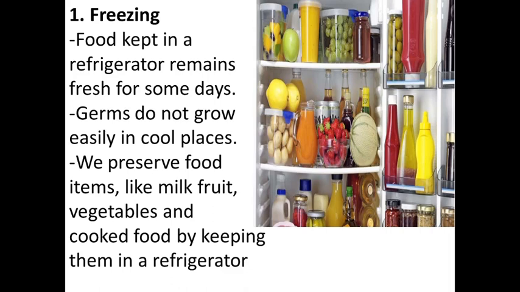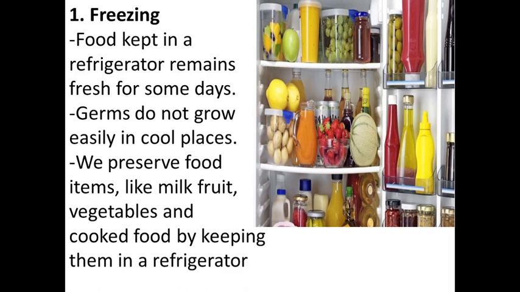Some microorganisms cannot grow in cold temperature, some cannot grow in hot temperature. That's why we use a refrigerator, because in a refrigerator the temperature is hot, correct? No, in a refrigerator the temperature is cold. So some germs cannot grow easily in cool places.